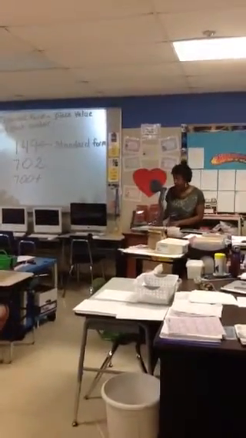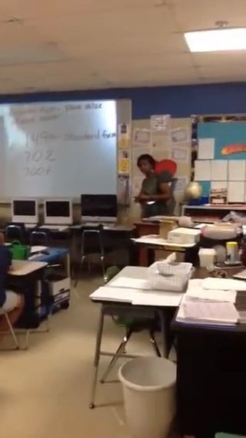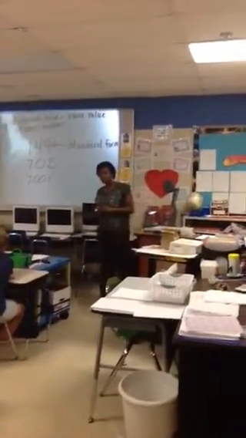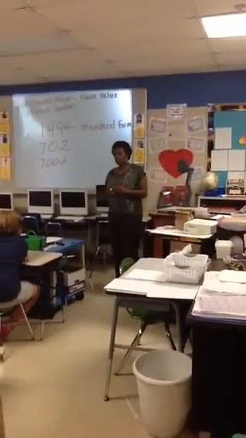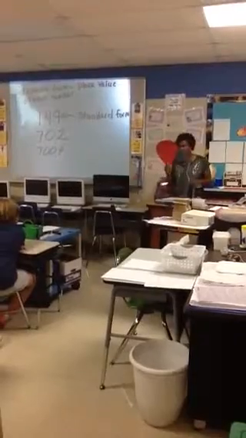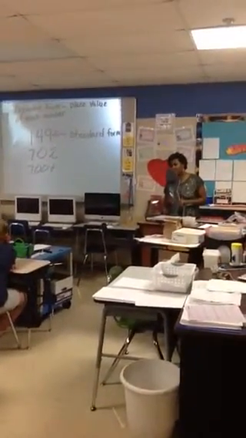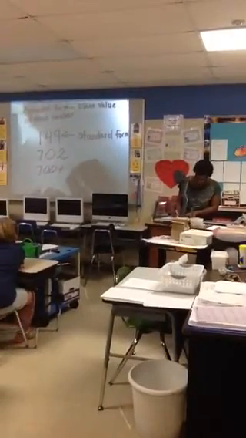I'm sorry, what did you say? 20? Well, where's your tens place? What number is in the tens place? 0. So, are we going to write 20 if there's a 0 there? No. What are we going to write? 0. 0 what?